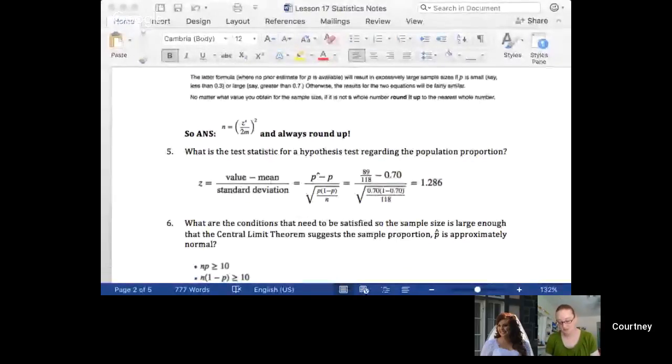The conditions for conducting a hypothesis test are satisfied. So we would just use 0.60 for the p, right? Mm-hmm. Times 80. The first part.